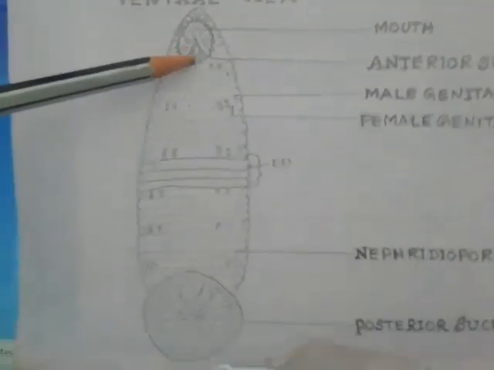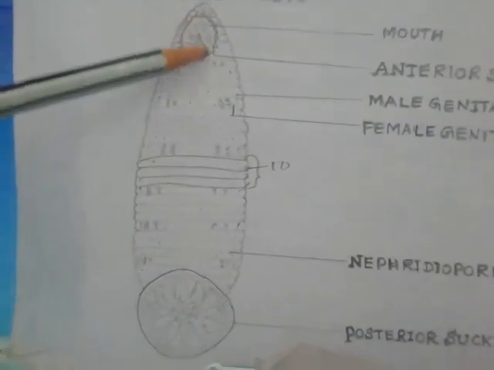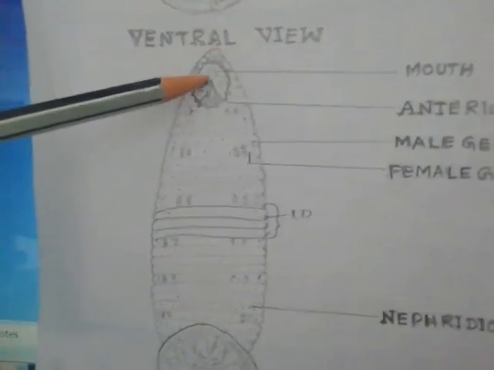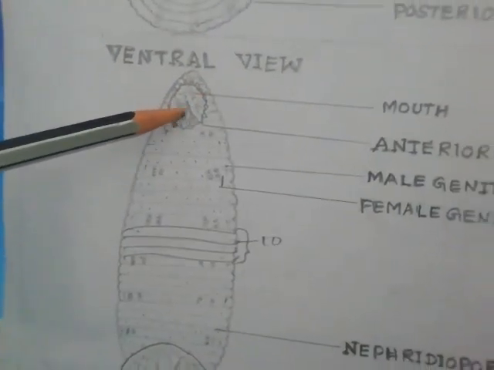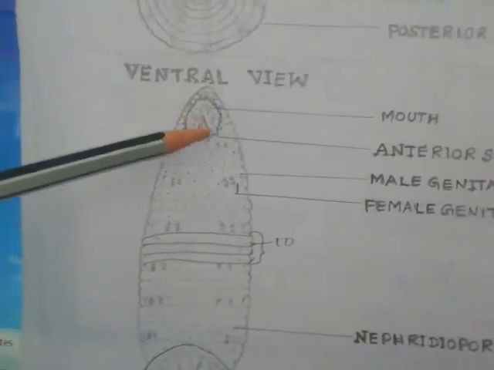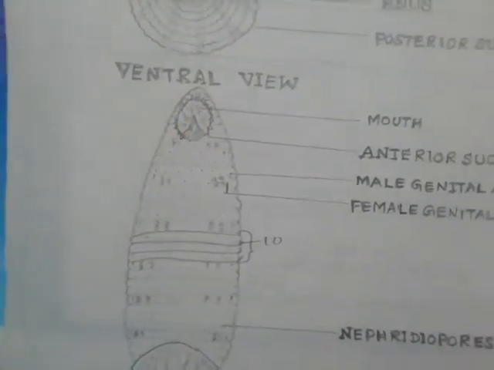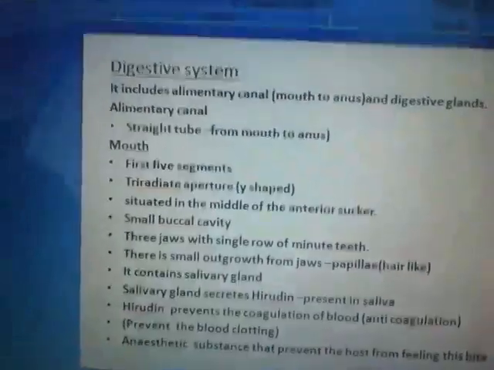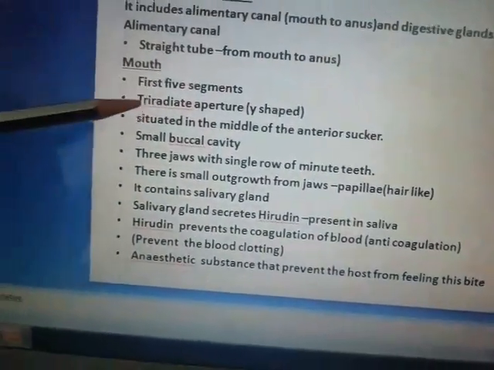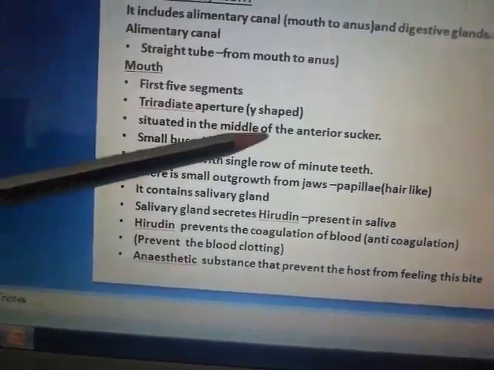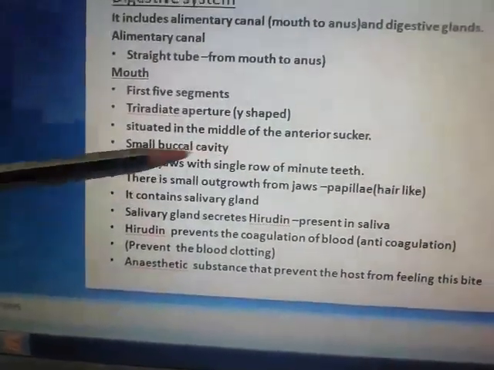This is the anterior sucker region. This mouth is present in the middle region of the anterior sucker. This is Y-shaped, this is the triradiate aperture. Then this mouth is situated in the middle of the anterior sucker, as we have seen.